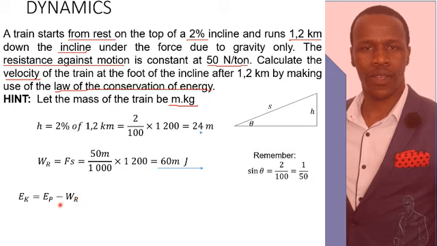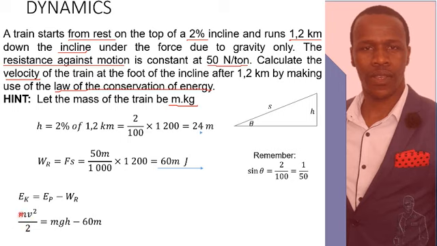We have EP. EP is mgh. m is there. g is 9.8. h is here. So we can just quickly substitute. We did the substitution right here. So EK is mv squared over 2.